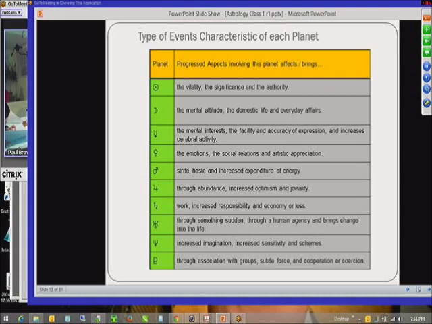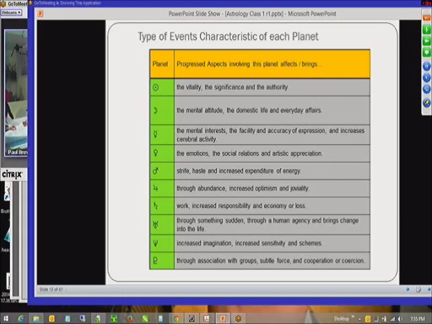It can be fighting. It can be accidents, especially when you combine it with haste. Mars people are very energetic, but even if you're not a Mars person, when you've got a progressed aspect of Mars, or if you're in that department of life ruled by the house that Mars is in, then there are going to be these three things.